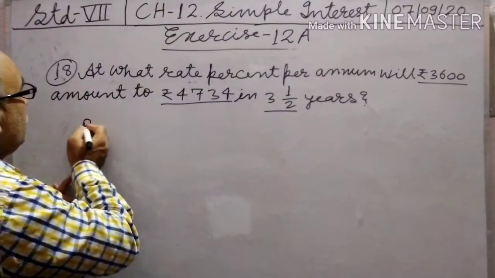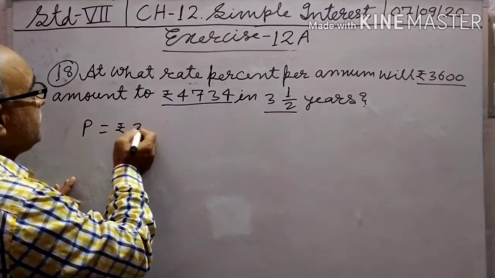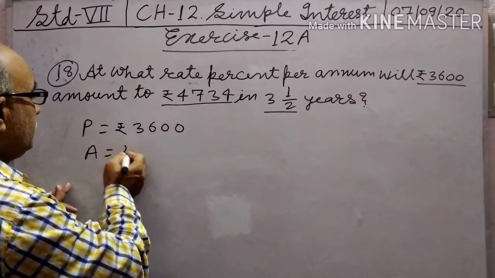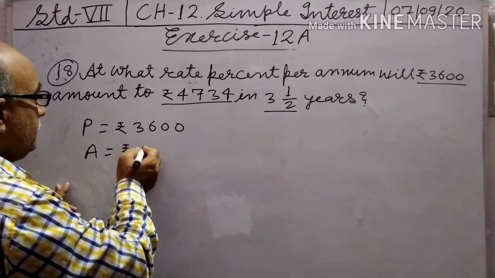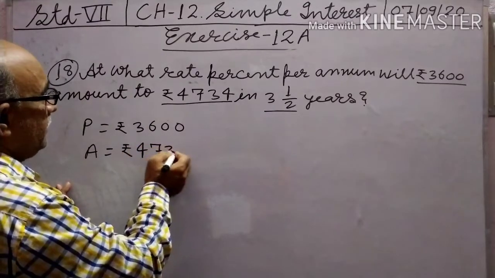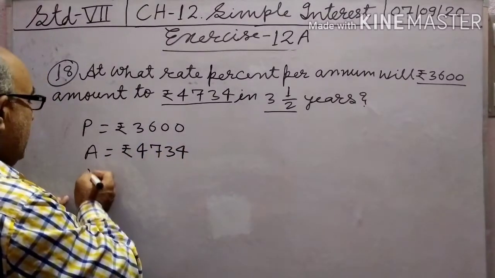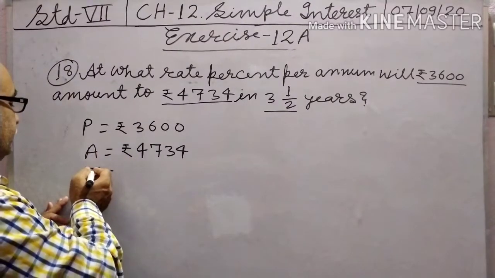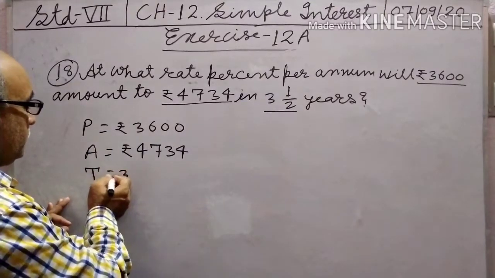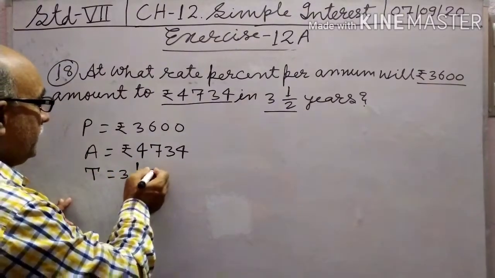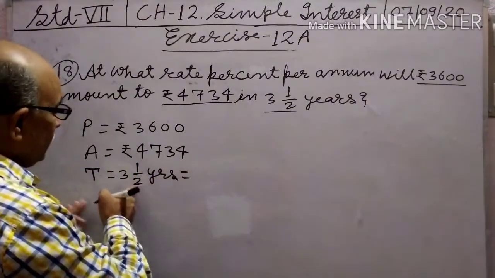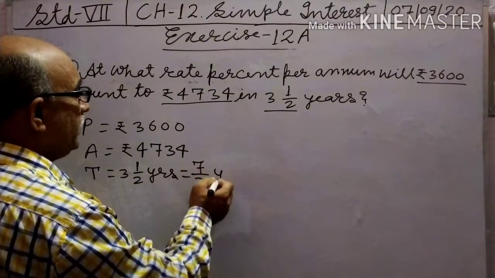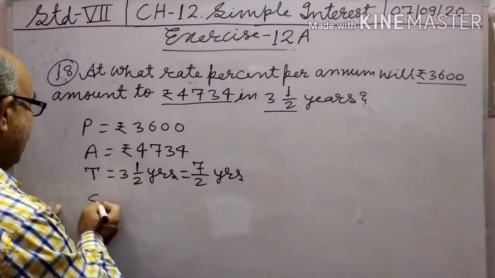Here given is P equal to rupees 3,600 and A equal to rupees 4,734 and T equal to 3 whole 1 by 2 years, equal to 3 twos are 6 plus 1, 7 by 2 years. So find SI.